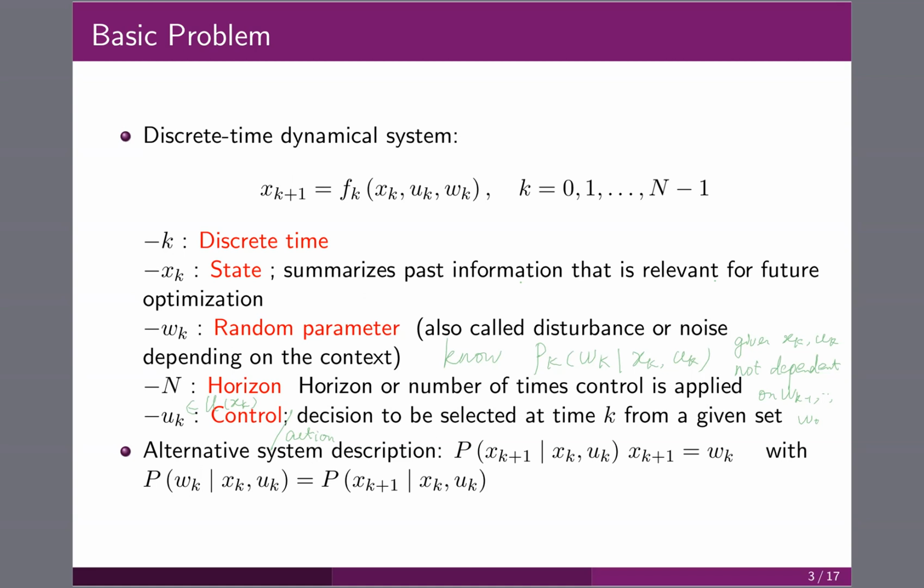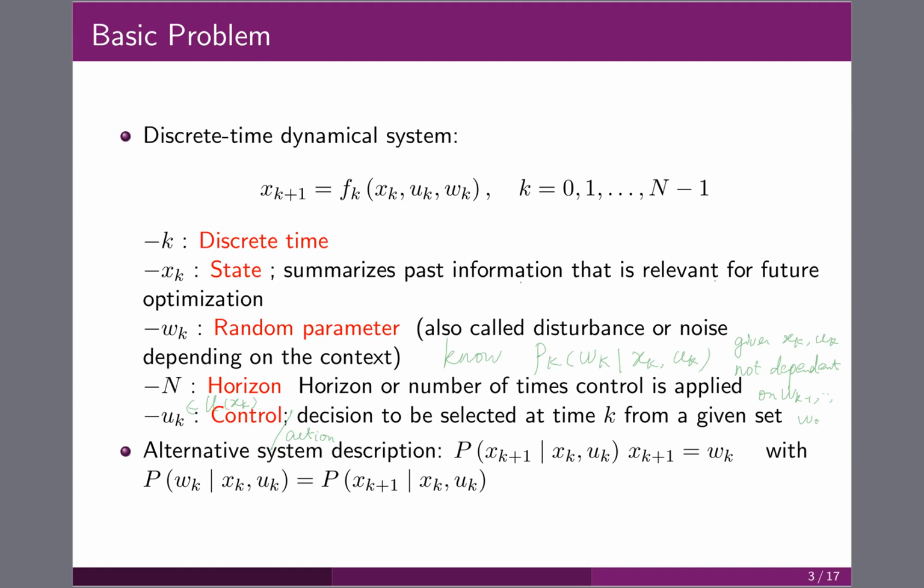For some x_k this set may be large, but for some x_k it may be small. That reflects the fact that at different states you have a flexible set of controls or actions to select. This set is not constant; it varies with respect to x_k. This is the feasibility in the formulation.